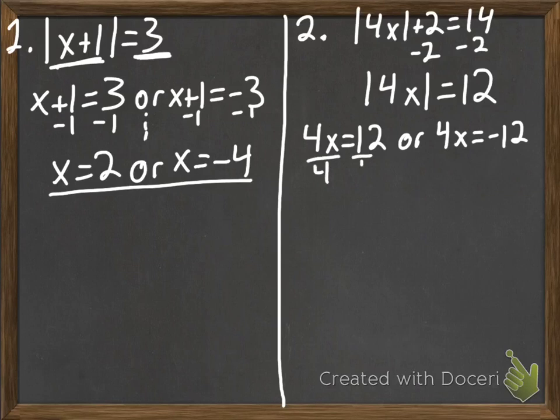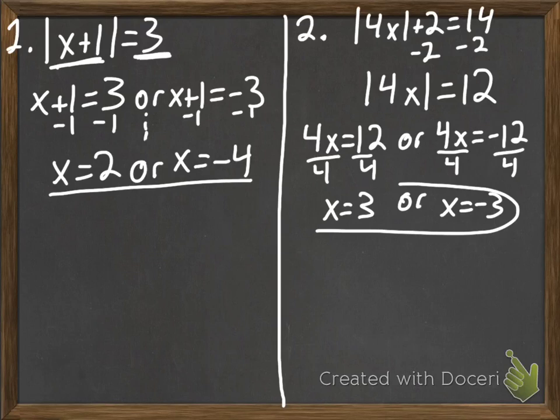Divide by 4. We get x equals 3, or x equals negative 3. And that's our answer. With equal signs, we don't have to graph. We just have to state what our answer is.